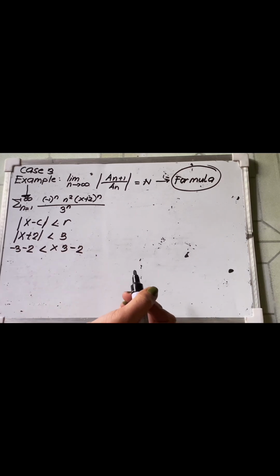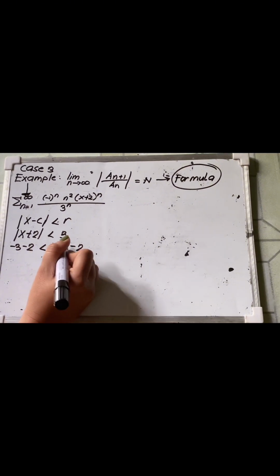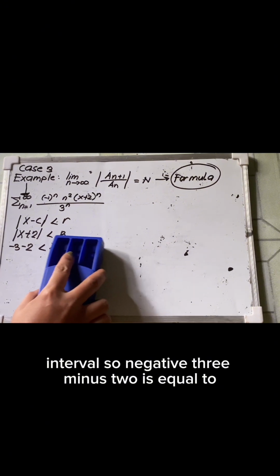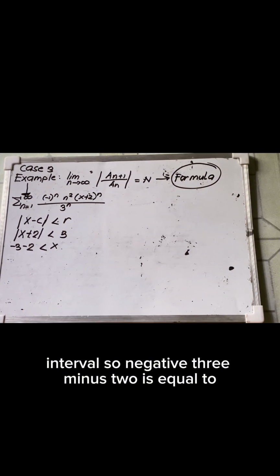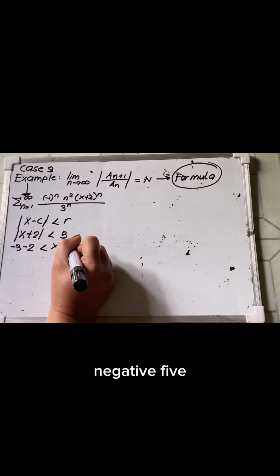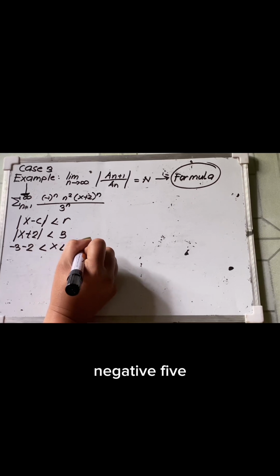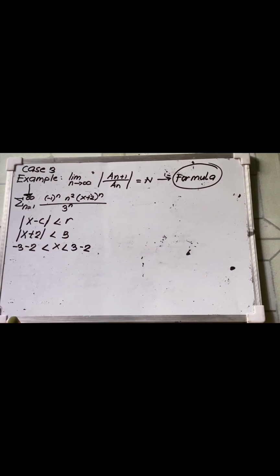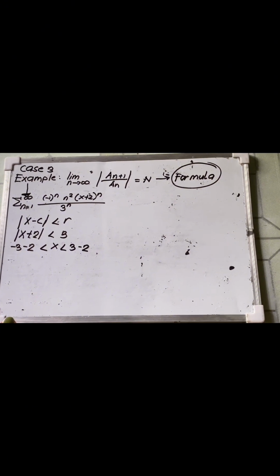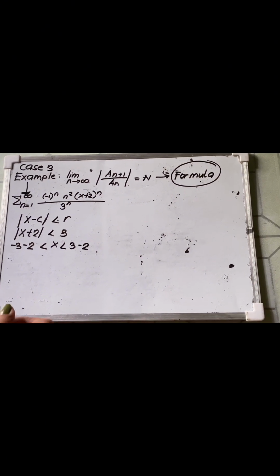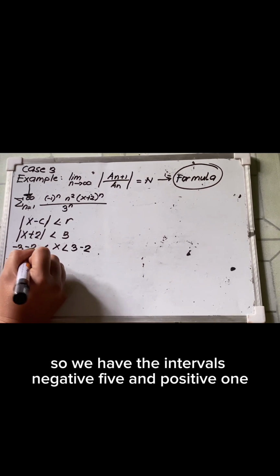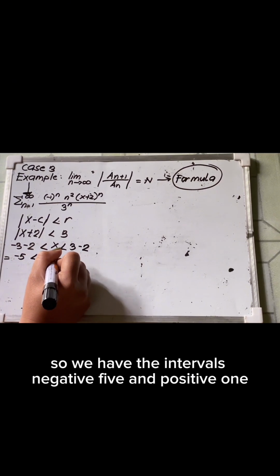Taking the given radius 3 and subtracting 2 to get the interval, negative 3 minus 2 is equal to negative 5, less than x, less than 3 minus 2, which is equal to 1. So, we have the interval negative 5 and positive 1.